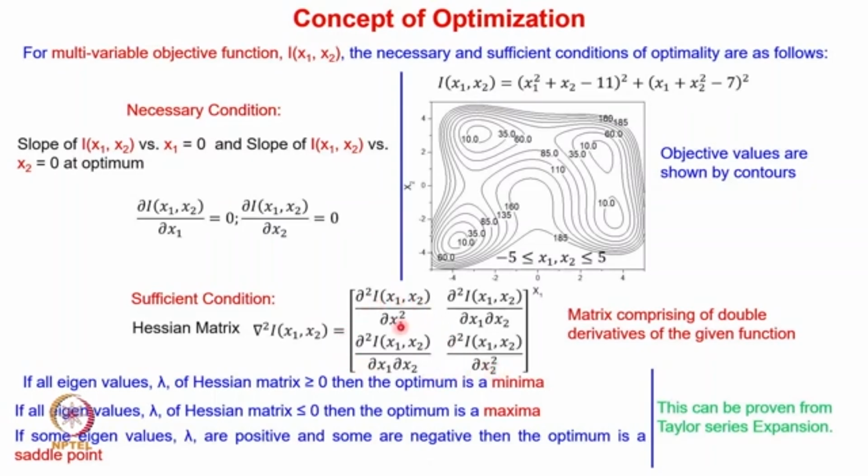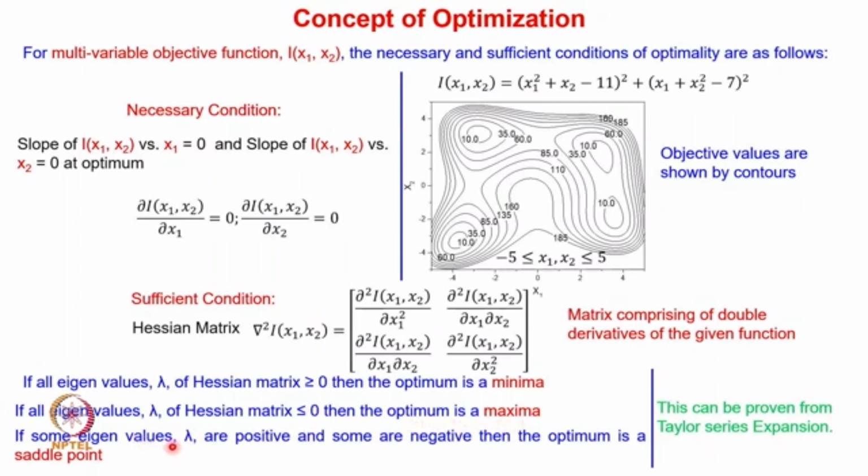We can find all these four double derivatives, and once we get this Hessian matrix, we have to find the eigenvalues of this Hessian matrix. If the eigenvalues are greater than 0, the optimum is a minimum. If the eigenvalues are less than 0, the optimum is a maximum.